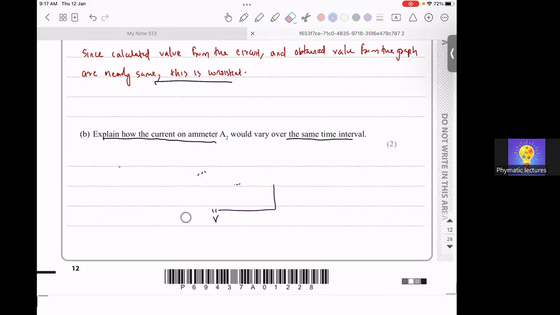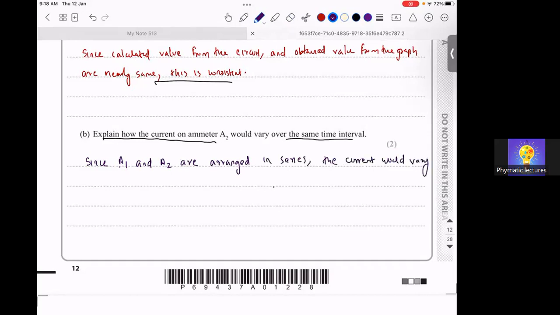So how will you answer this question, my dear students? What is the answer for this? Since A1 and A2 are in series, the current varies with time in the same way on ammeter A1.